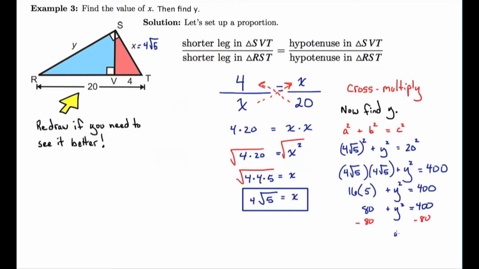Solve for y by subtracting 80 and then taking the square root of 320, which I can factor into 16 times 4 times 5. Now 16 and 4 are perfect squares, so the square root of 16 is 4, and the square root of 4 is 2, so 8 root 5 would be my final answer.